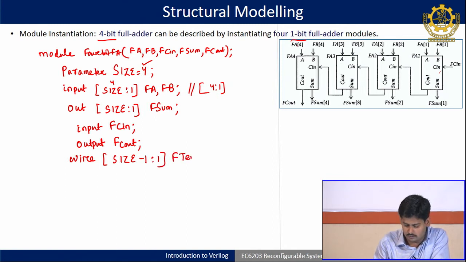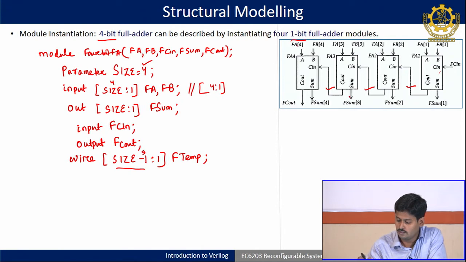I am taking this code directly from the Bhaskar book, VHDL Primer by Bhaskar. Here the intermediate connections are these 3, so these are not 4, these are 3. That's why we are doing size minus 1, which will be equal to 3. So 3 to 1, this will be f temp.